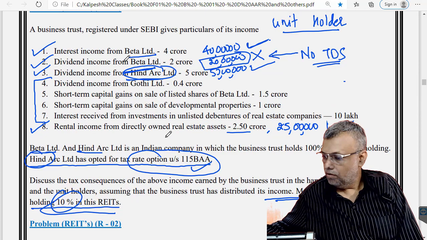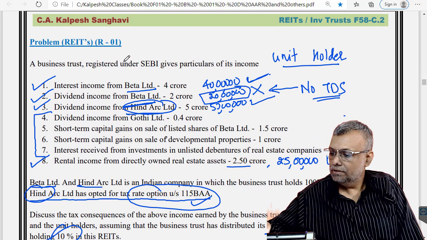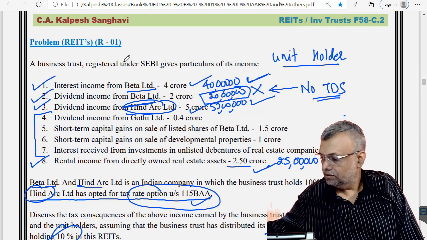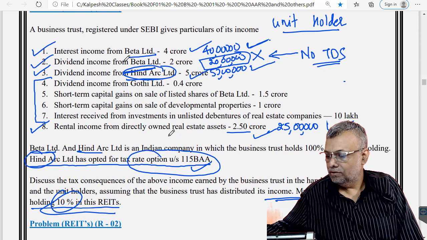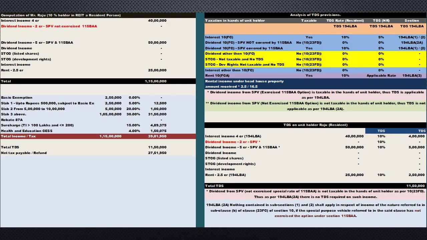Simple. Now further, fair enough. So this 40 lakhs, 50 lakhs and this 25 lakhs will be taxable in the hands of the unit holder, and the TDS provisions I have already explained.